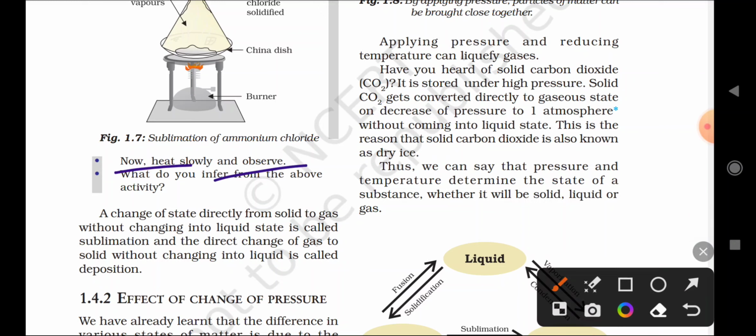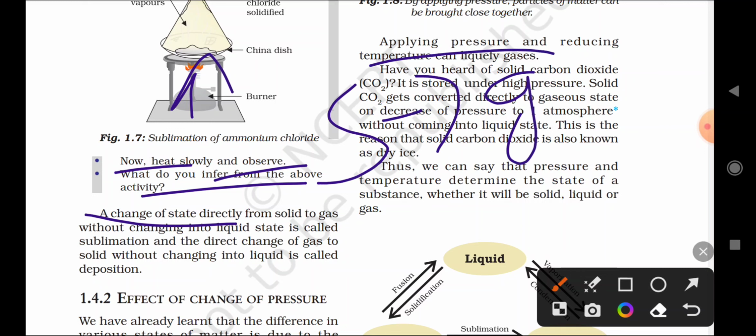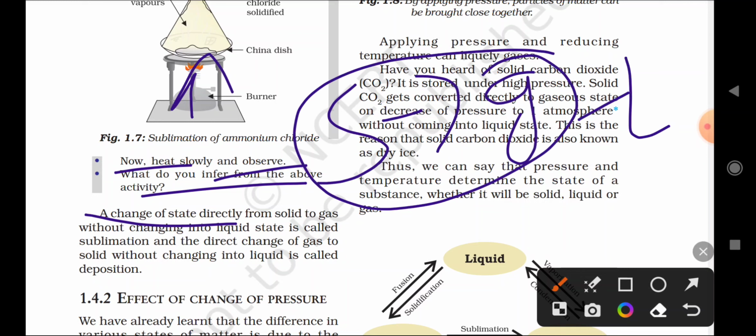You have to give heat to the ammonium chloride, and what we observe from this activity is a change of state. There is a change of state from solid to gaseous without changing into a liquid state, and vice versa, gas to solid state again.